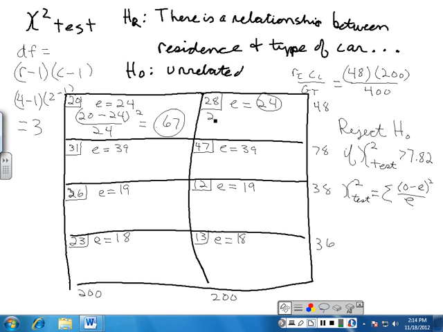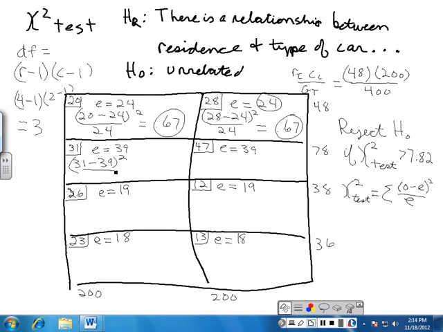Here we'll have 28 minus 24 squared divided by 24, and that's also equal to 0.67. And this one will have 31, the observed, minus the expected of 39.